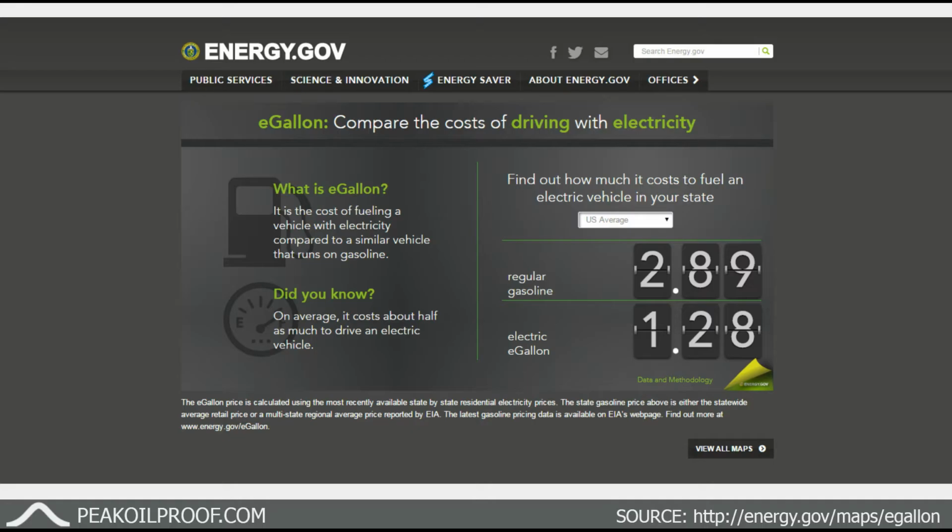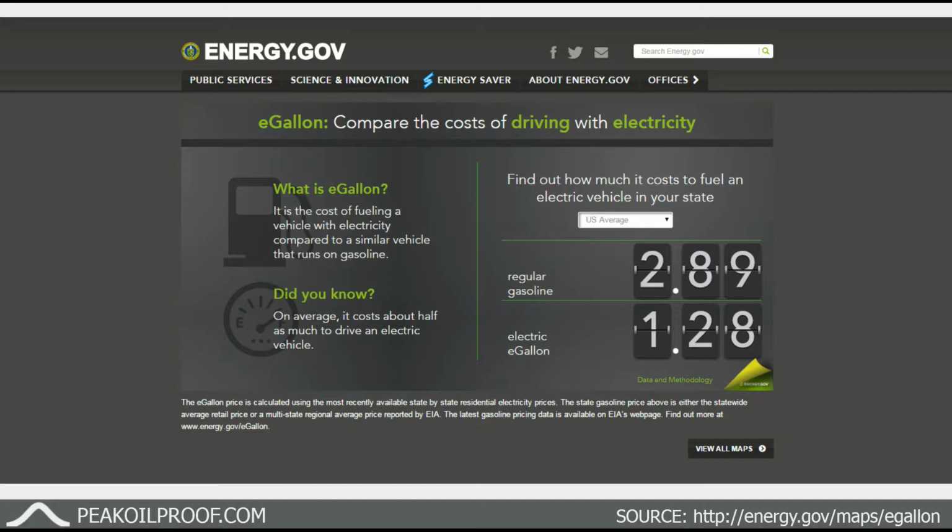What's interesting is that the U.S. Department of Energy has this metric they call the eGallon, and essentially what they're trying to do is show people what it would cost to drive an electric car on a per gallon basis instead of on a per mile basis. People have a hard time understanding the cost of driving their car.